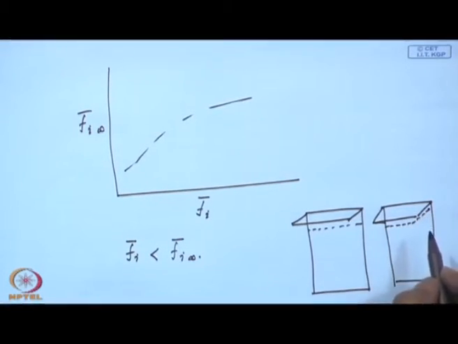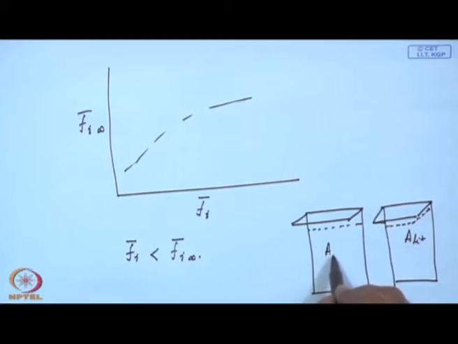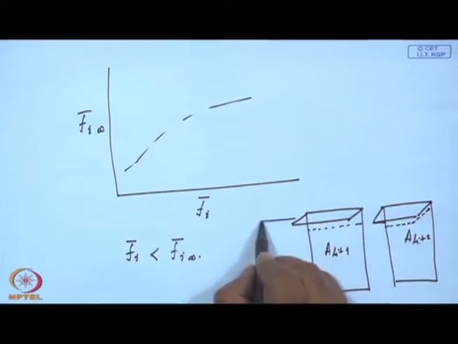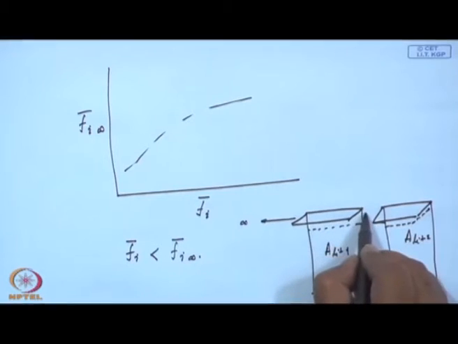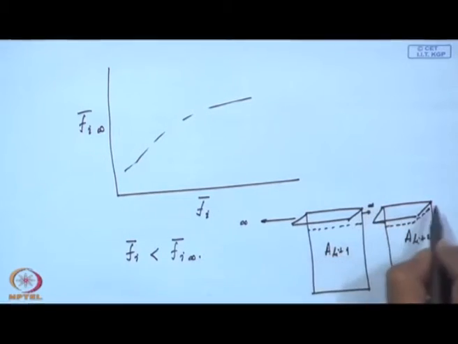Okay. But nevertheless, this area A lit 1 and 2. So, this I will say infinity, and this is finite.